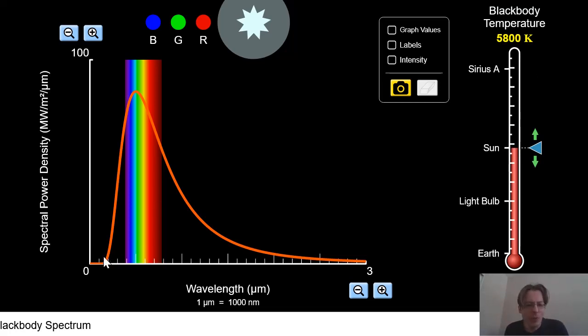What this graph is showing us is how much power the sun is giving off, how radiant it is, as a function of wavelength. Along the bottom, it ranges from 0 microns up to 3 microns. The spectrum given off by the sun peaks near the green part of the spectrum.